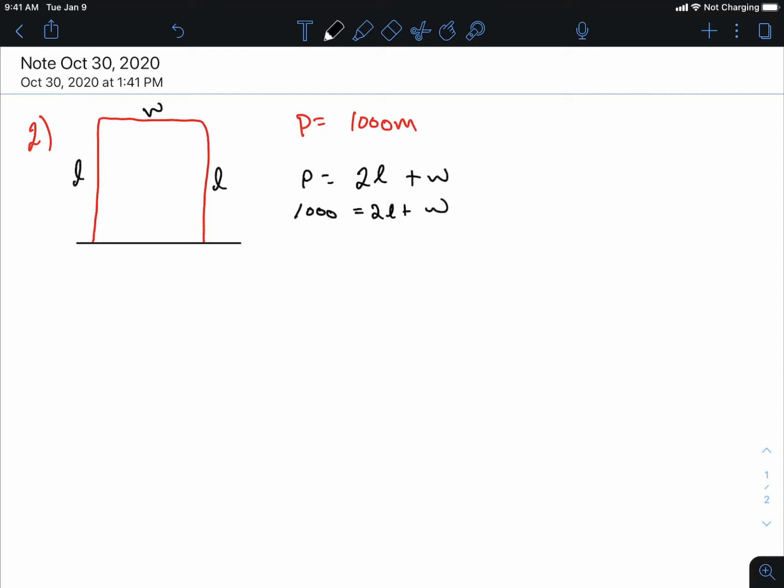From there, don't forget I still got area over here: length times width. So from there, I would just isolate for W. So 1,000 minus 2L is equal to W.